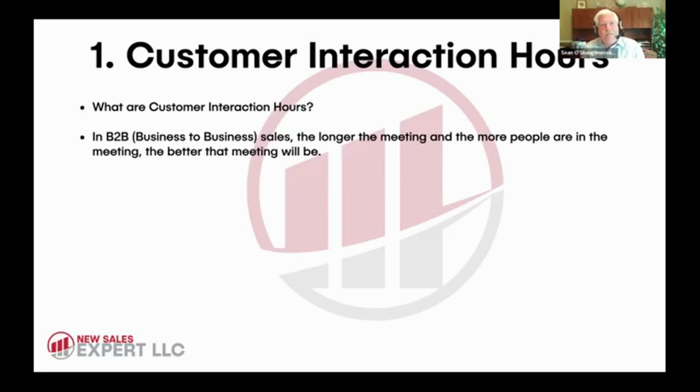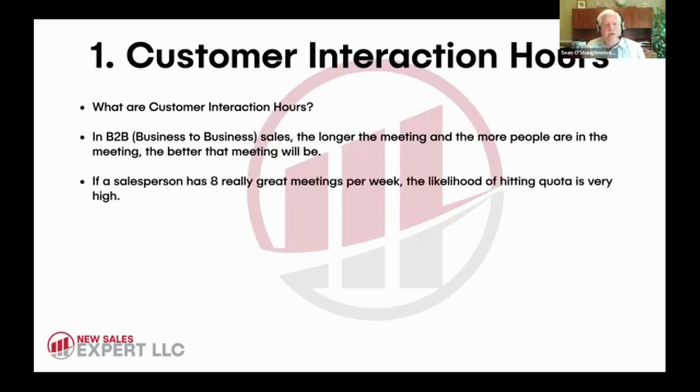All of that kind of a meeting, that's fantastic. Obviously, much better than the hi, how are you? Let's catch up on the kids meeting that I just talked about before. So we want to have a metric, a way of analyzing that together and make sure that makes sense. And that's what customer interaction hours is all about, is how do you analyze this information?